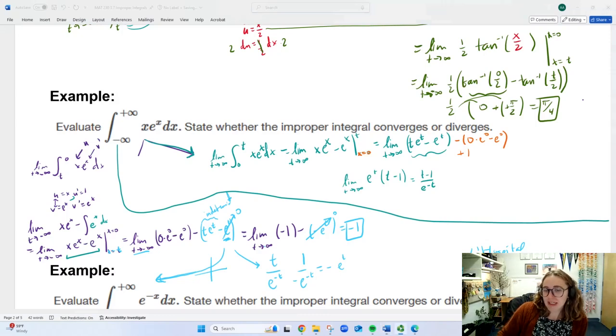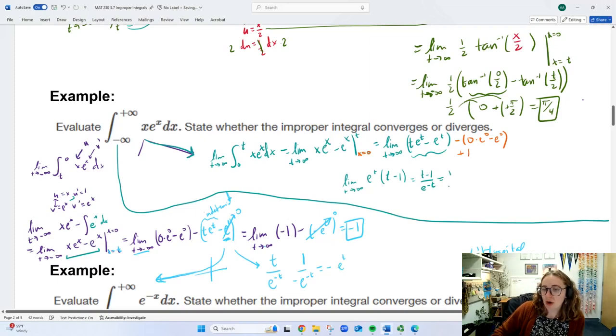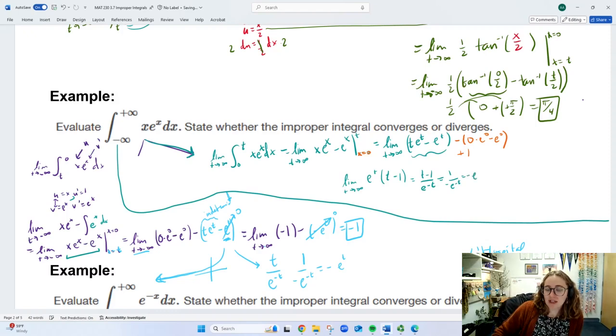So if I'm really looking at this as t is approaching infinity, my top part will be approaching infinity, my bottom part will also be approaching infinity, so I can take my derivative of the top, which is 1, over my derivative of my denominator, which is negative e to the negative t, and I will get a negative e to the t right there.